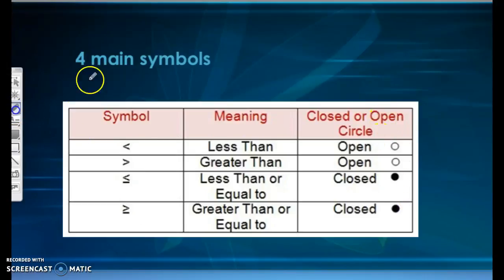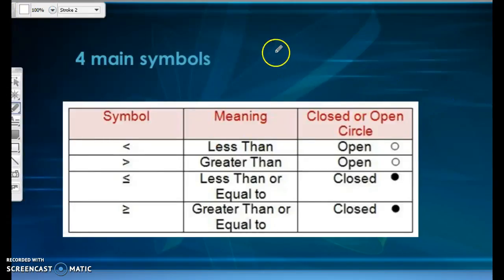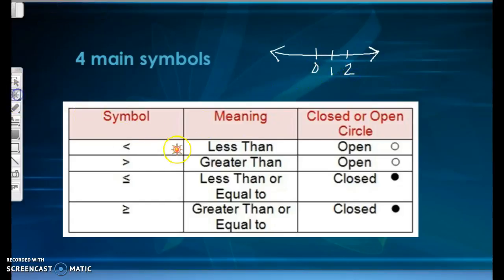So when we're graphing it, let's take, for example, a number line. Here's 0, 1, 2. If we said that x is less than 2, I would want an open circle, right?